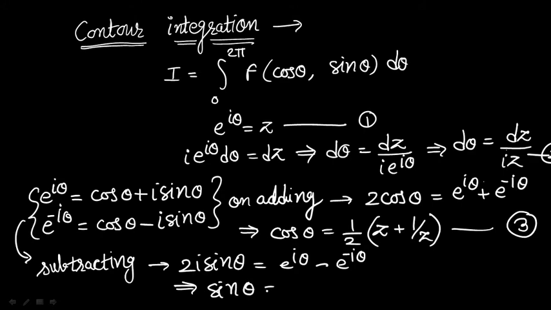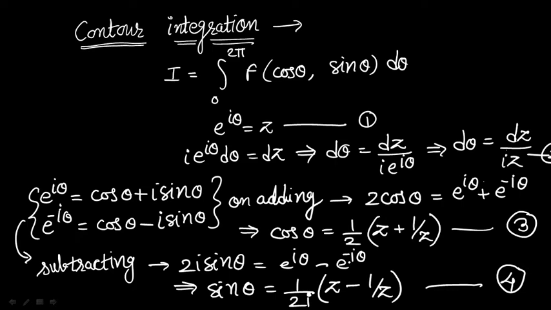Sin theta equal to 1 upon 2i, z minus 1 by z, by equation 1. This is equation number 4. By substituting these values in the given I, that means the integrand of theta, it easily converts in terms of z, and then by Cauchy's residue theorem we easily find the required result.